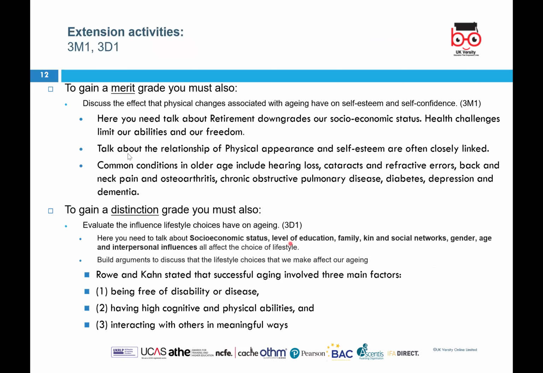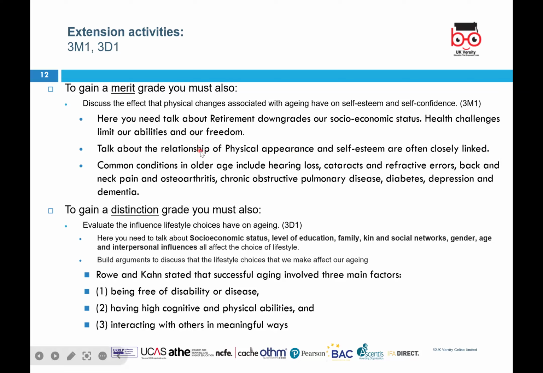Okay. So in order to gain a merit, you would need to talk about retirement. So you discuss the effect that physical changes associated with aging have on self-esteem and self-confidence. In detail, you talk about retirement, which downgrades your socioeconomic status. This is just an example again.